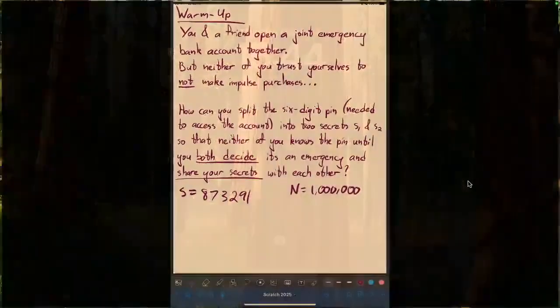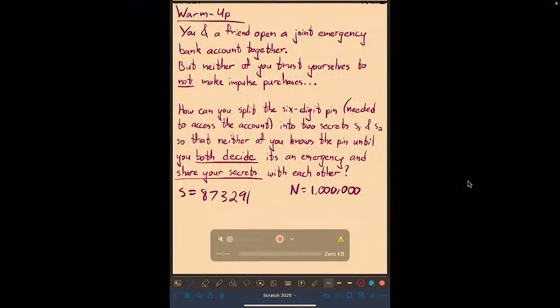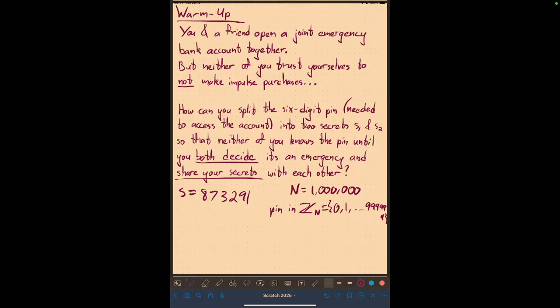So if we look at Zn, the PIN is going to be some number in Zn, which starts at the all zeros string and goes to 999999. So our PIN will be one of those numbers, all zeros to the all nines string.